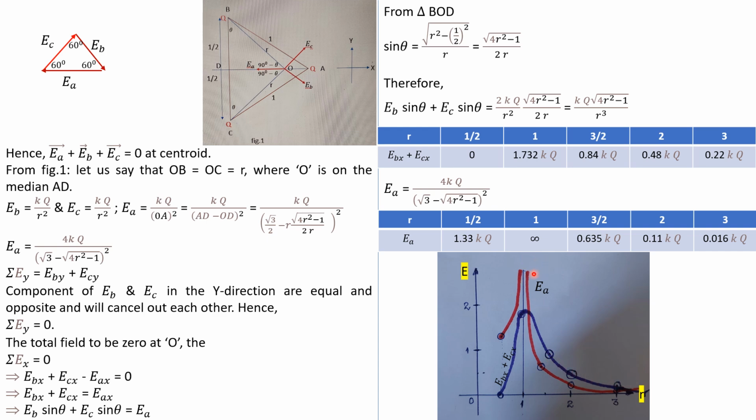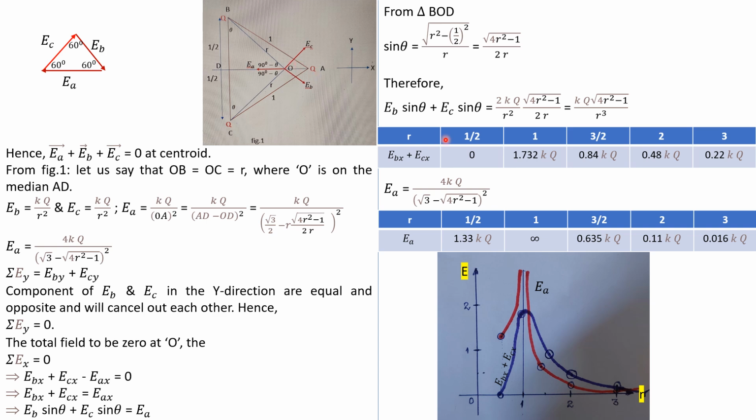So EA will cut EBx plus ECx at 2 points. One is here and one will be somewhere down this. So there are two solutions for this equation. It means at 2 points on the median, the electric field will be 0.